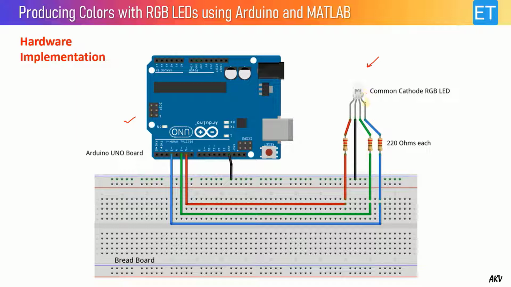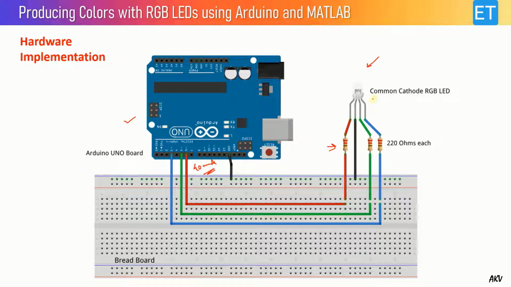It produces color better as compared to the 3 different LEDs. And here we have used 3 resistors, one for each RGB channel, to limit the current, because as I said, the Arduino can provide a maximum of 40 milliampere, so your current should not exceed that.